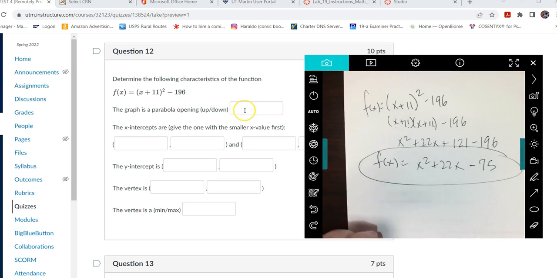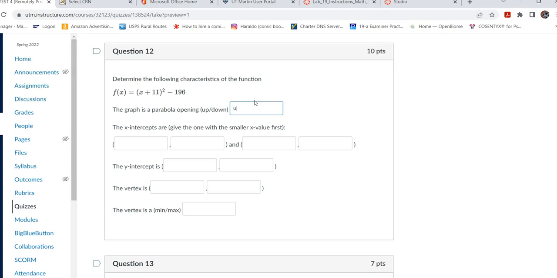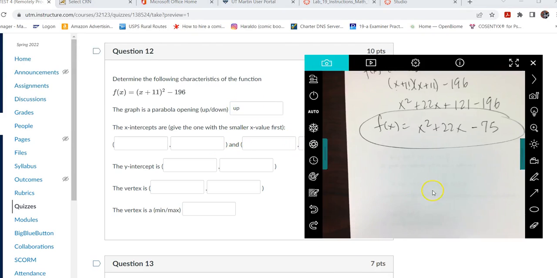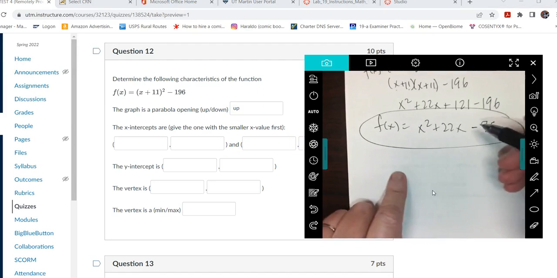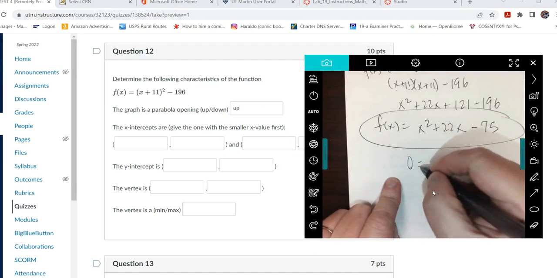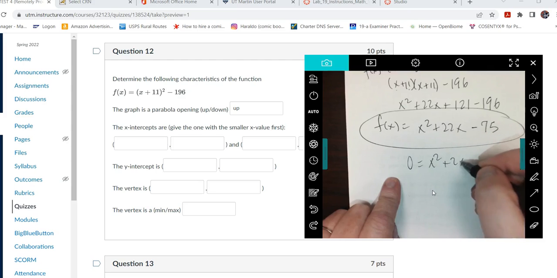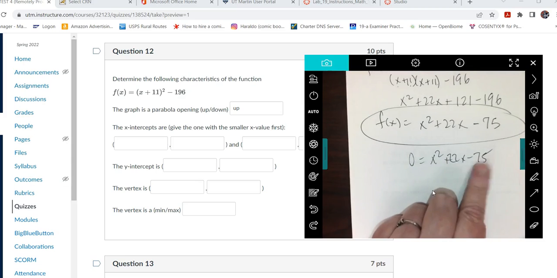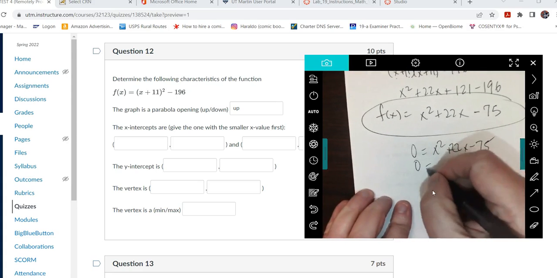It has end behavior up, up. Positive number times x to an even power. It's going to be a parabola opening up. Okay, so what are the x-intercepts? Well, let's find the zeros. 75 is 25 times 3, so I'm going to need positive 25 and negative 3, that should do it.